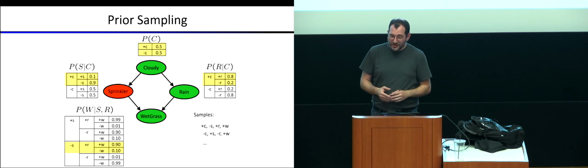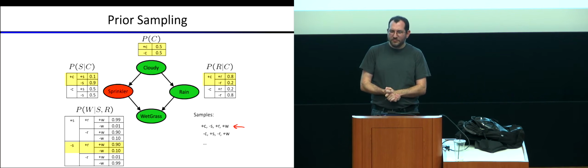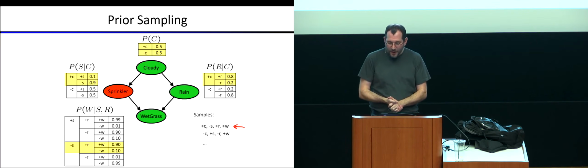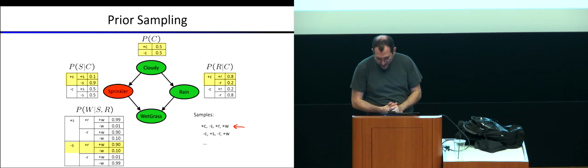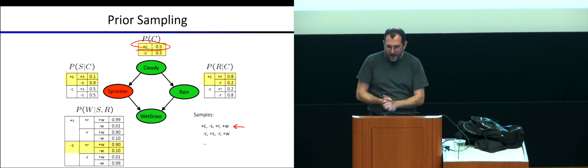We could ask some questions like, okay, that first sample, how often is that going to happen? I mean, will it always come out that way? Certainly not. What's the probability that I will get the sample plus C minus S plus R plus W? Well, the probability that I'm going to get the plus C part, that's going to be true of half the samples.